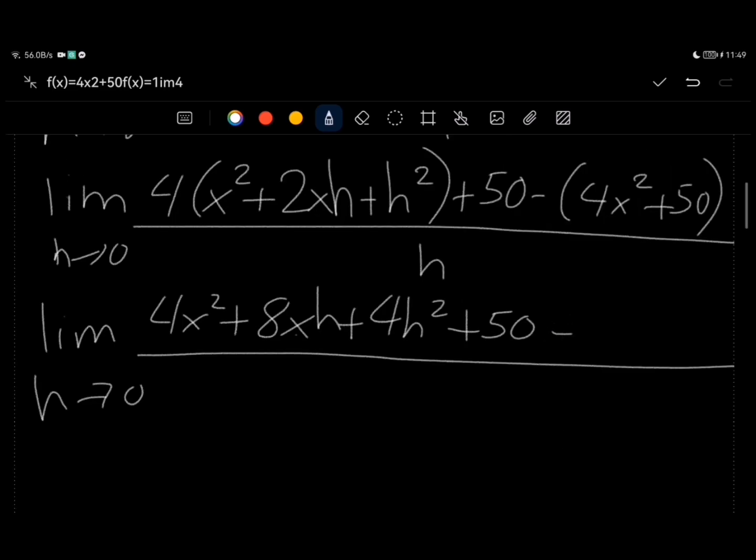You copy negative 4x squared, negative 50. Okay, and then divide by h.